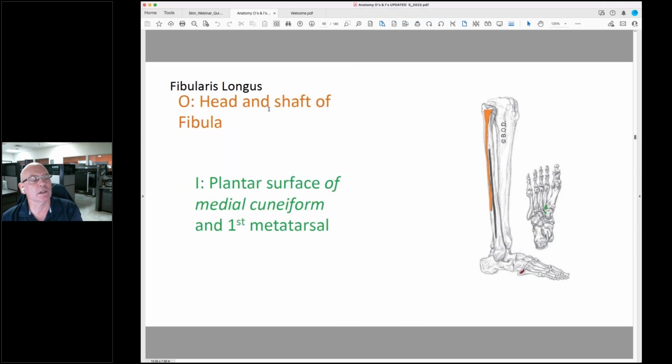Origin of fibularis longus is the head and shaft of the fibula. So all of this, the shaft as well as the head. And the insertion is the plantar surface of the medial cuneiform and first metatarsal.